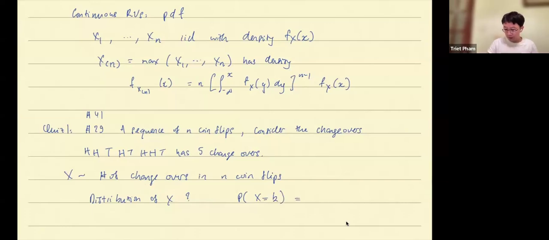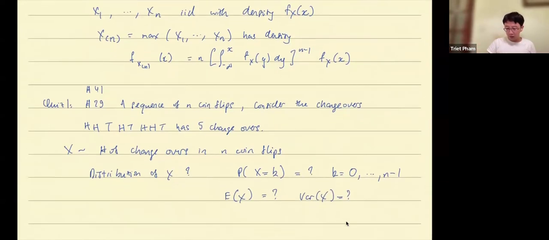Here, the number of changeovers can be anywhere from 0 to n minus 1. Another thing you can be asking for are the moments of the random variable, etc. Here, number 29 exactly asks you about this.